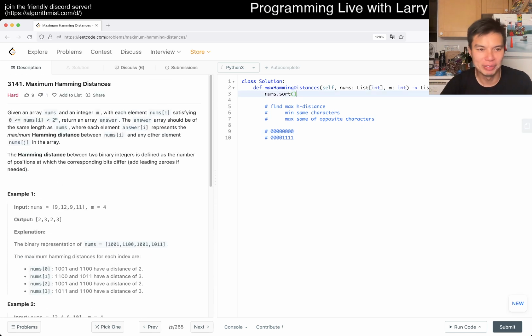And we can sort. I mean, we could sort, but we have to be a little bit careful because we have to return it in terms of the input.